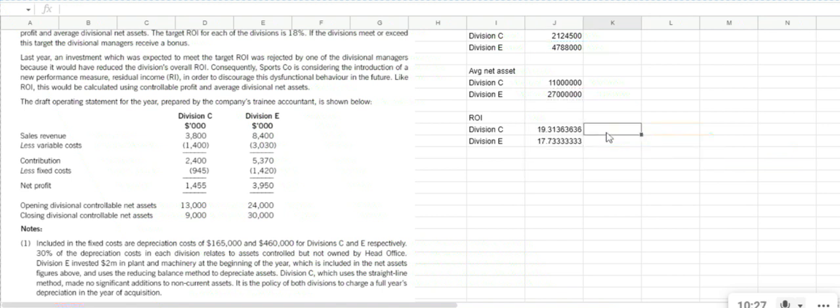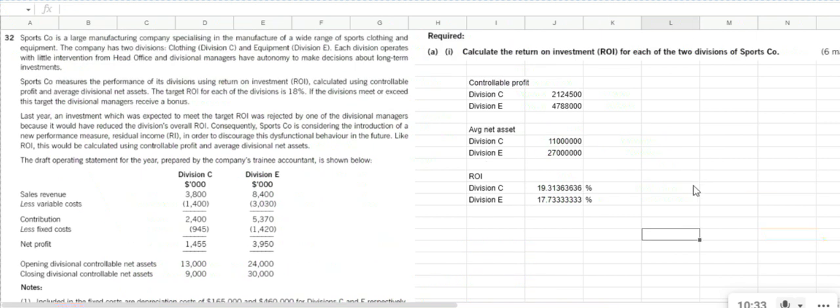This is in percentage. This is also going to be in percentage. So that is basically how we calculate the return on investments. Make sure you're very comfortable with the zeros. Let's put this into 2 decimal places, and this one into 2 decimal places as well.